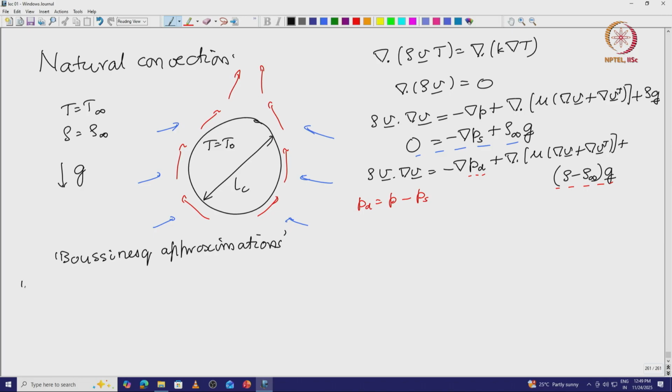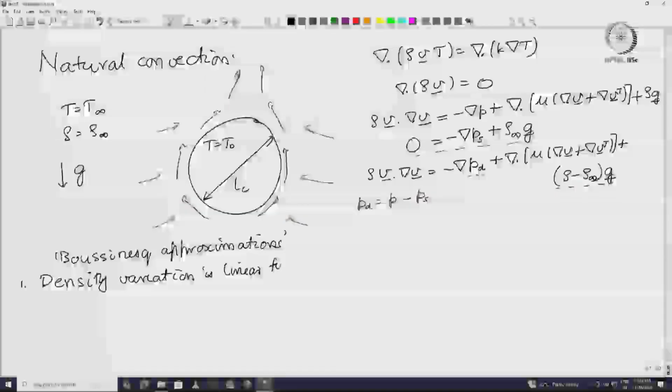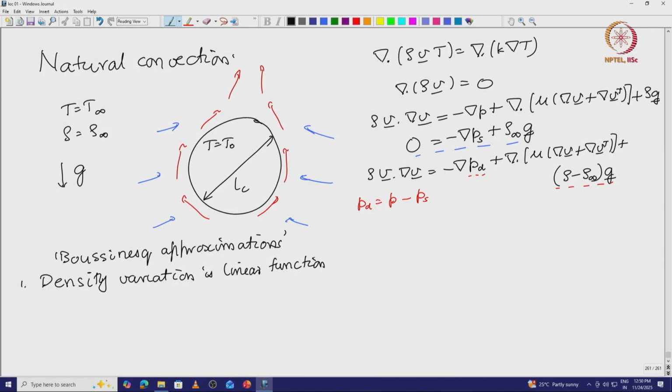First one, density variation is a linear function of temperature variation. I told you that higher temperature means a lower density, and lower temperature means a higher density.